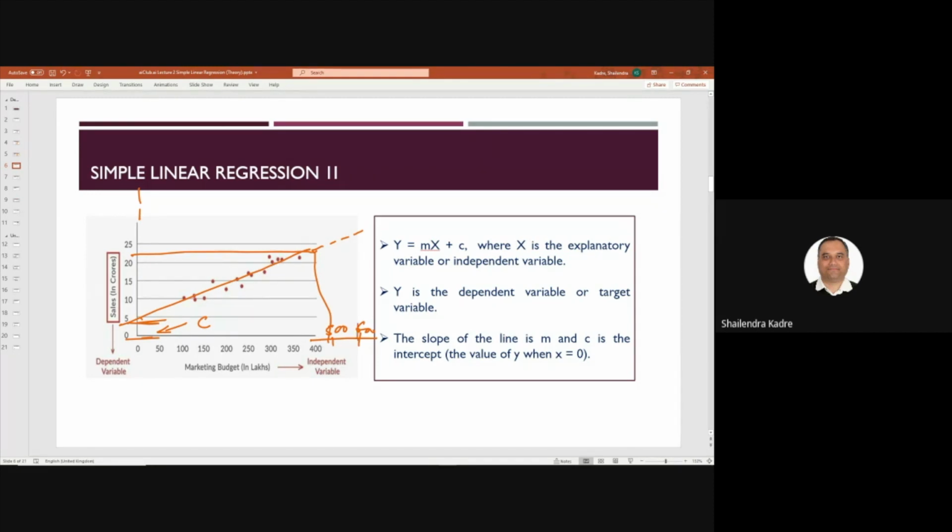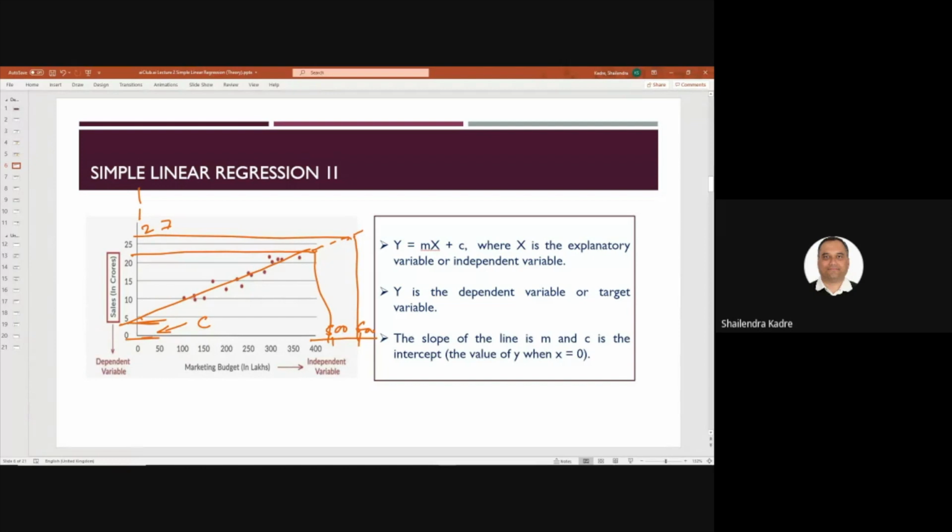For the projection at 600, again I extend this line, draw a vertical line and then a horizontal line. It is around 27 crores. My historical data was only from 50 lakhs till 400 lakhs.